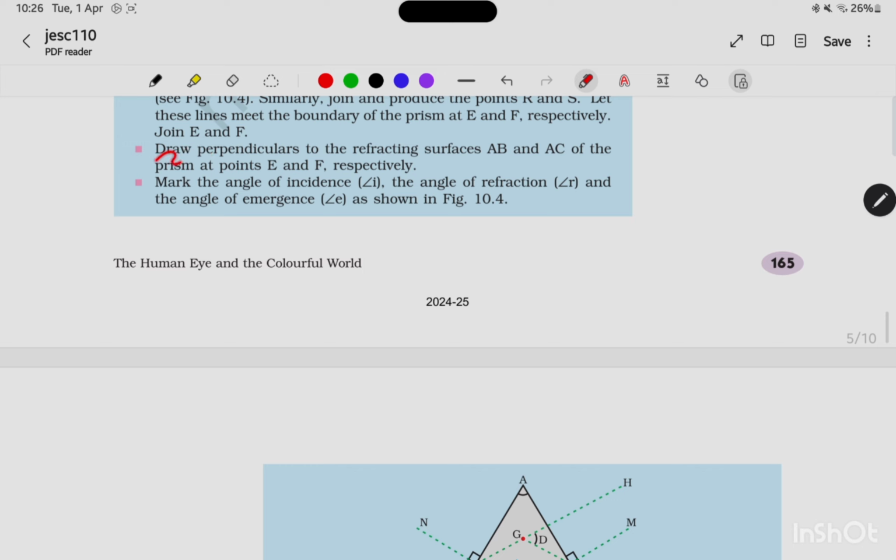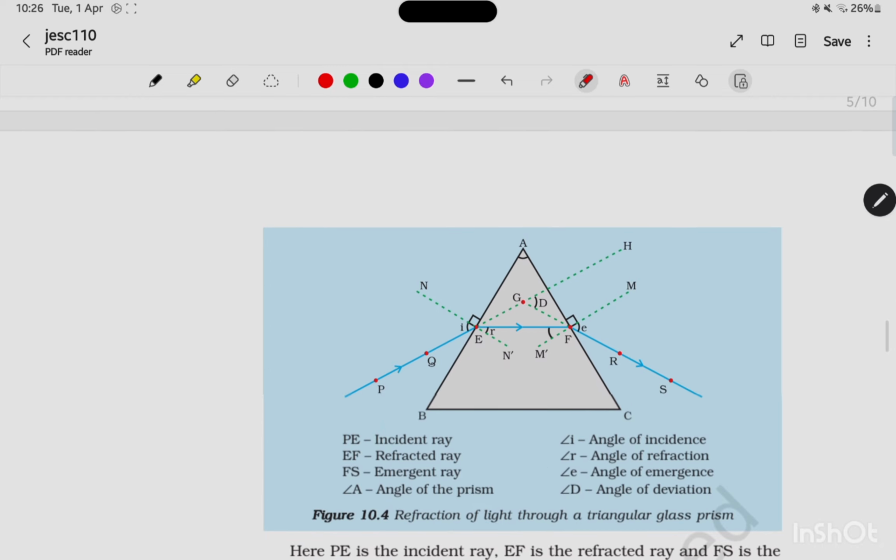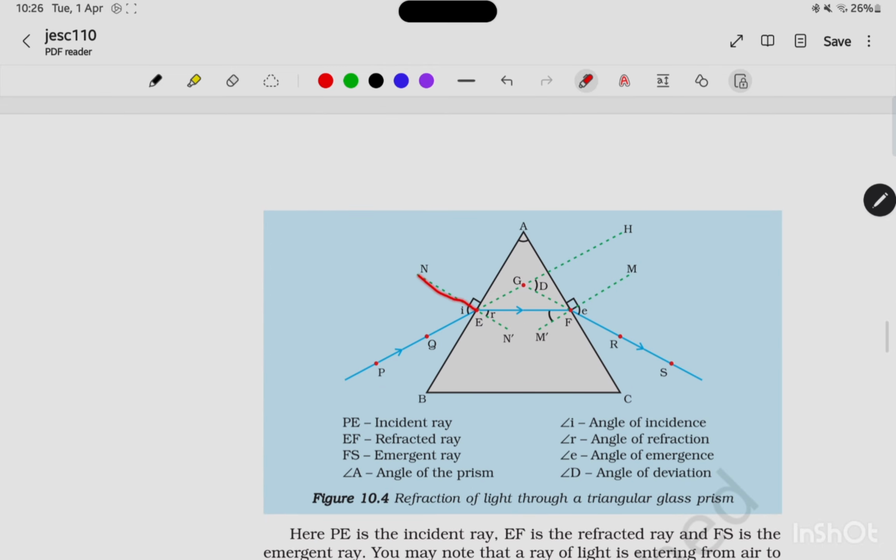Join E and F. Draw perpendiculars to the refracting surfaces AB and AC of the prism at points E and F respectively. So like this.